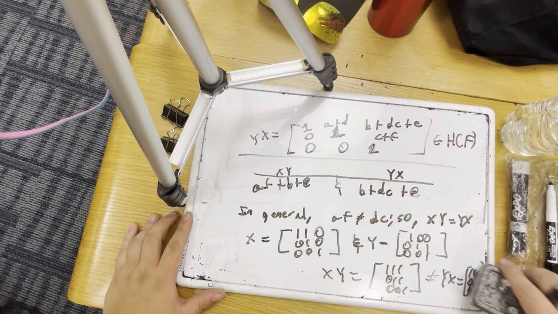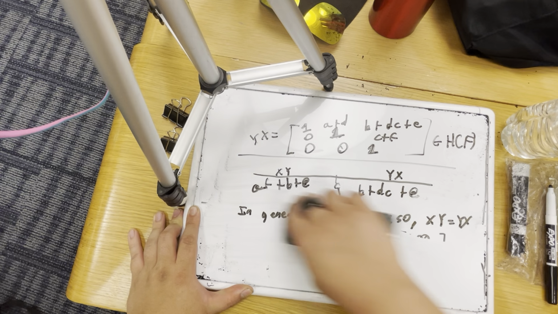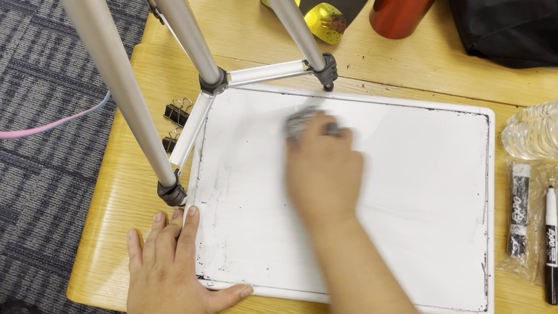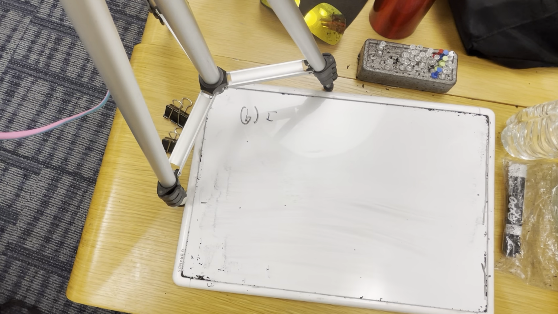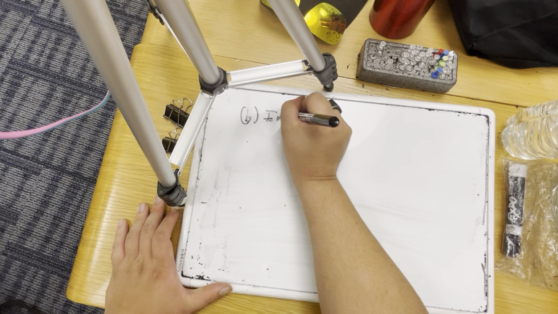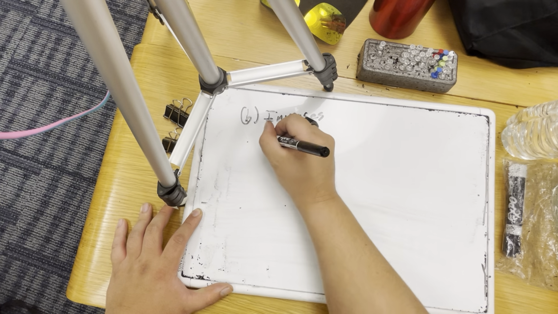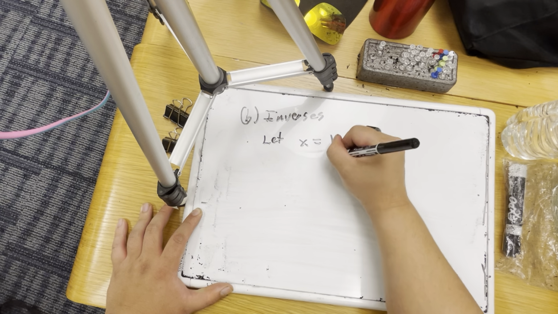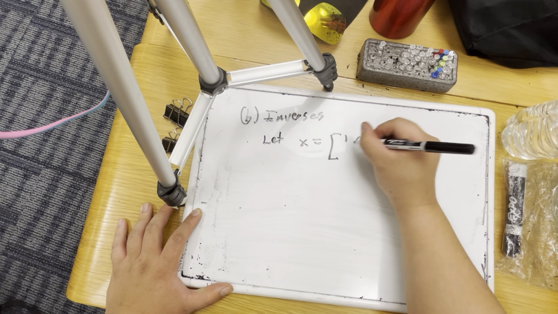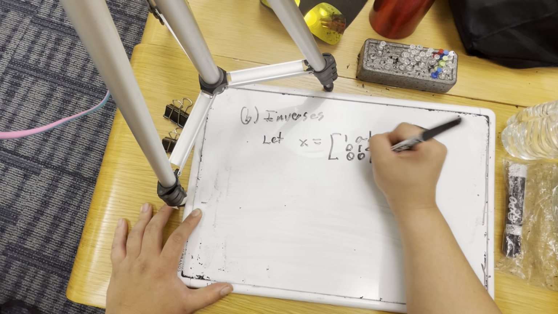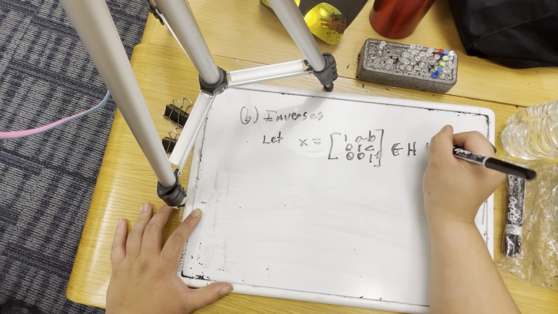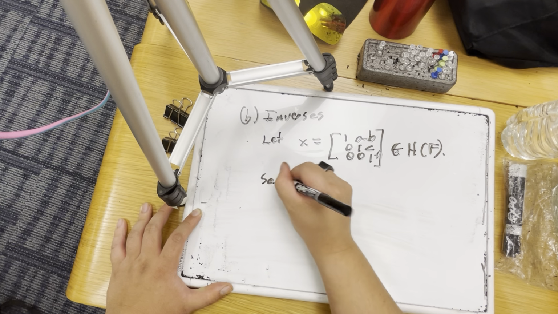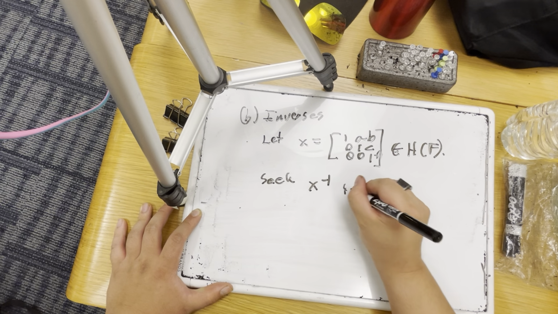So let's go and take a look at B, which is about inverses. Let X equal 1, A, B, 0, 1, C, 0, 0, 1, which is inside of H of F. Seek X to the minus 1, the inverse of X in the same shape.